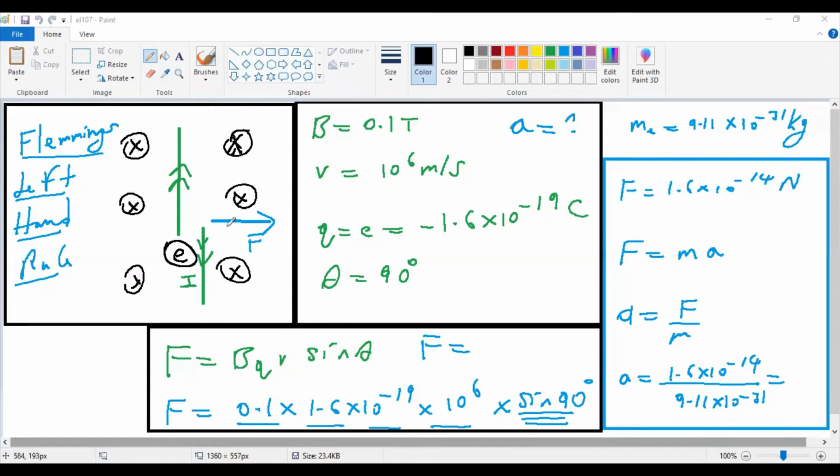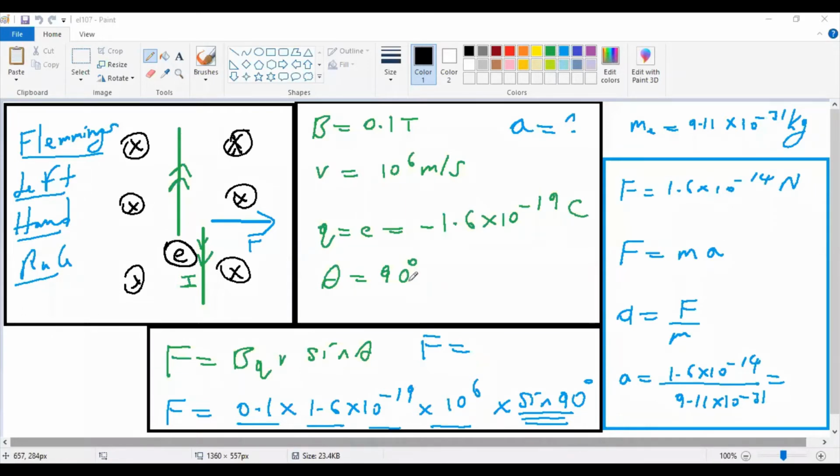All right, so you have an electron moving at a velocity of 10 to the 6 meters per second. The charge on the electron is 1.6 times 10 to the negative 19 coulombs, and the magnetic flux density is 0.1 teslas. The velocity of the electron is perpendicular to the magnetic field, as shown on this diagram, because the magnetic field is pointing into the board, and the electron is moving on the plane of the board or the screen, and so that's perpendicular.